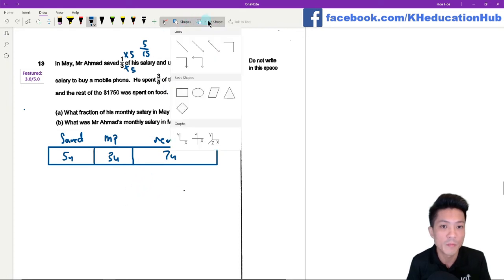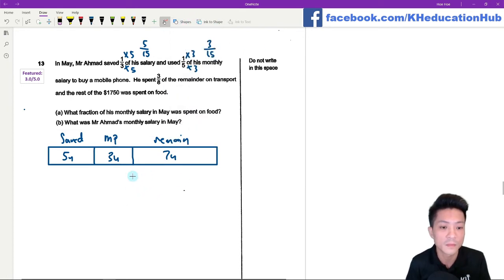Okay, out of the remainder, he spent 3/8. These 3 parts here were spent on transport, and the rest, 1,750, is spent on food.